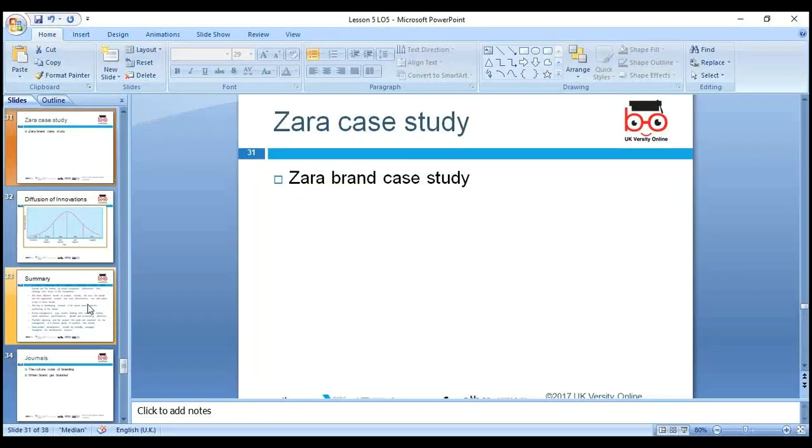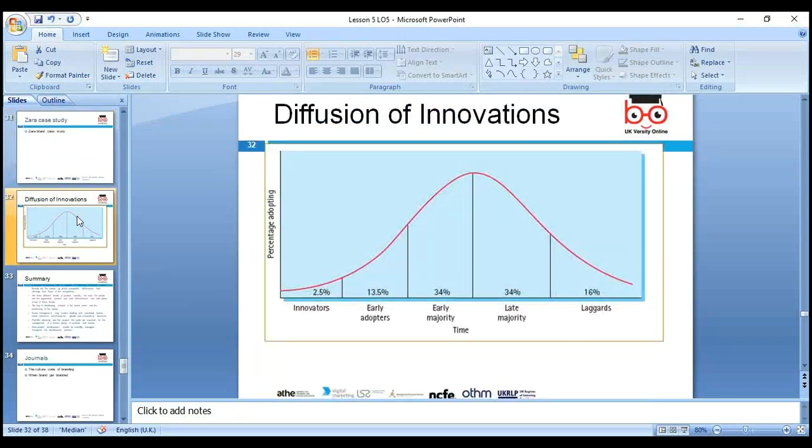Okay, next we'll move to, if we go back to our slides now. So next, I already discussed the diffusion.